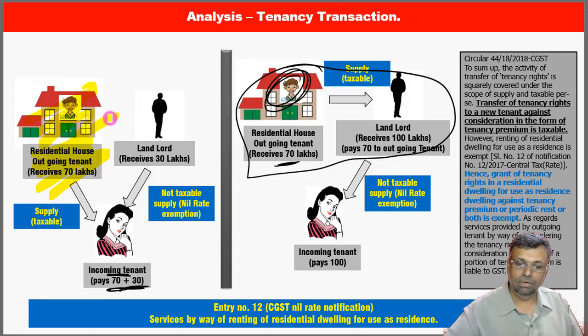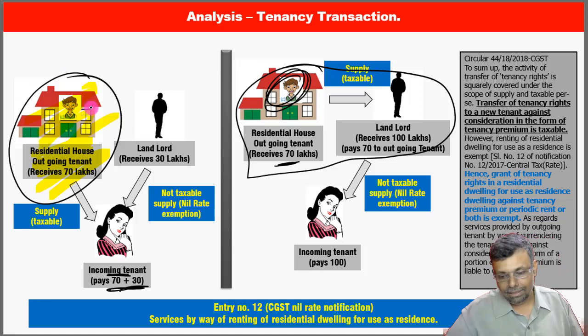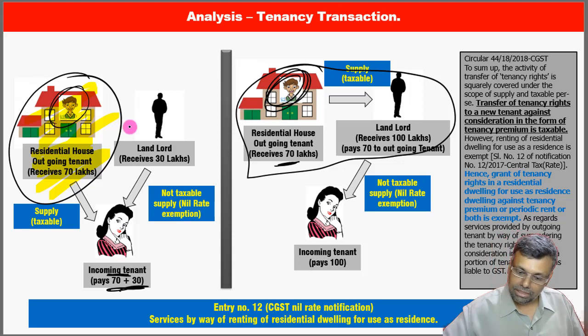Why is this person going to get some money? Either he gets money from one person or the other person. He gets the money because he is surrendering his rights, because he is supplying his services. So that transaction will be subjected to the GST mechanism. Is that very much clear? So this was with respect to the property transaction.